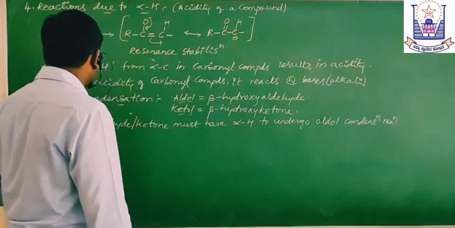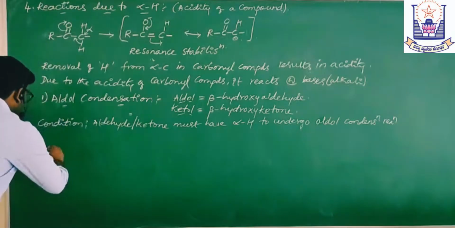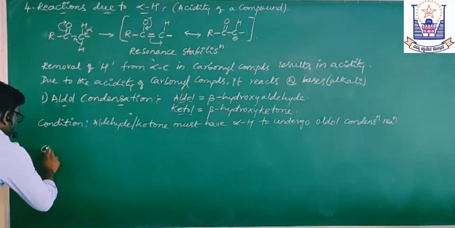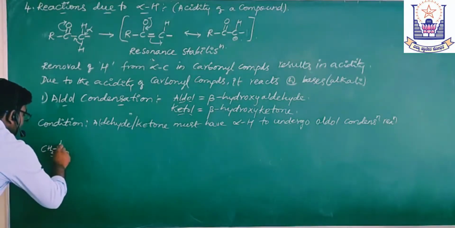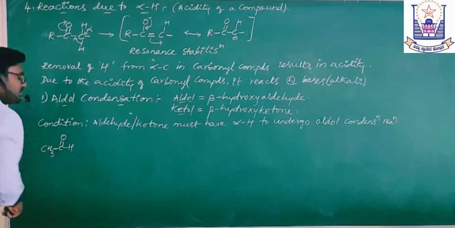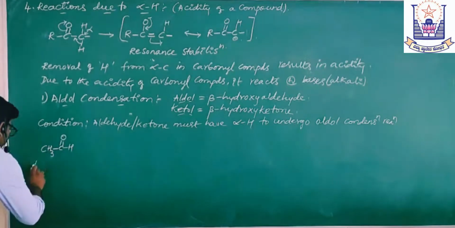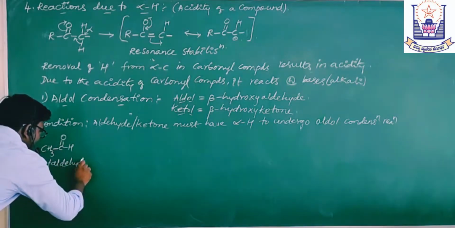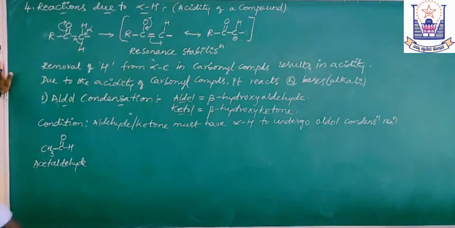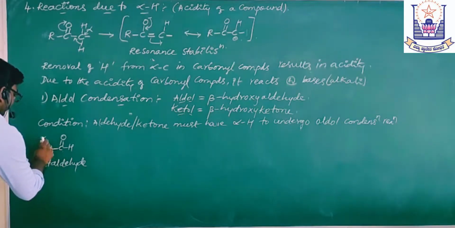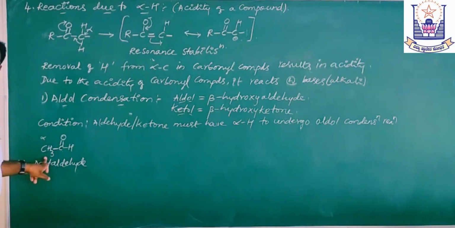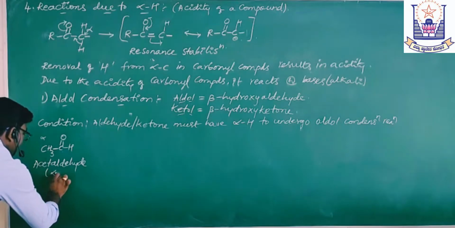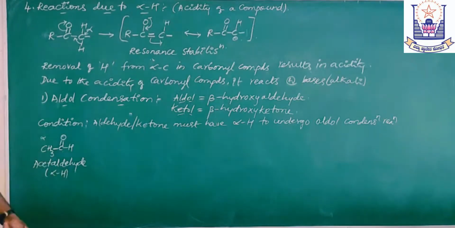Let us see with an example. Acetaldehyde, CH3 C double bond OH. This is called acetaldehyde. Here with respect to this carbon, this is alpha and it has a hydrogen. So this has alpha hydrogen.